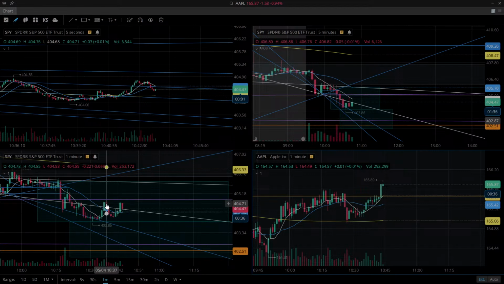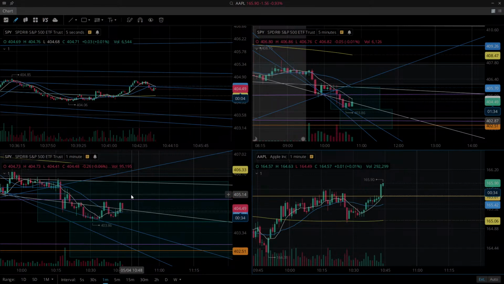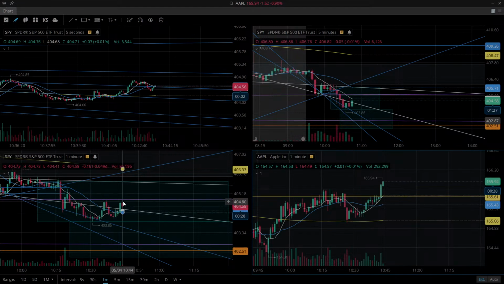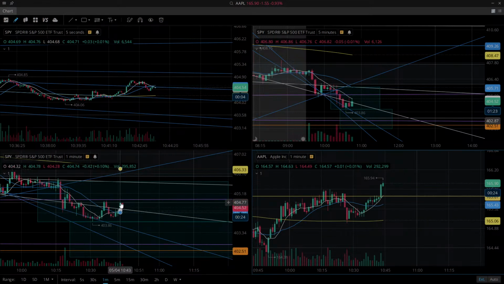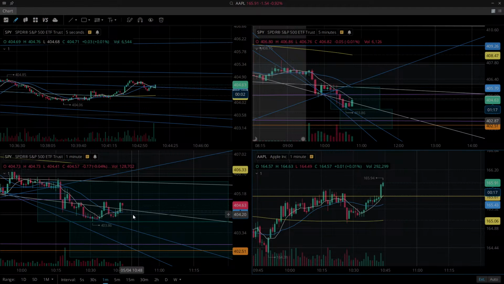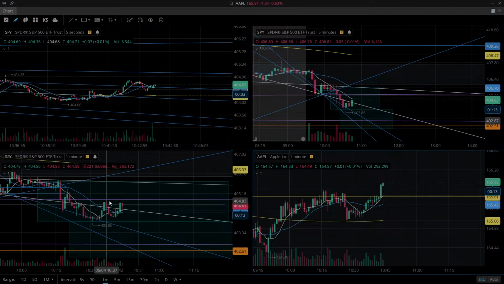If it breaks 404.80, that's your quick breakout trade on the double bottom. And then if it continues, you'll usually get a measured move of the leg from L2 up to that resistance break, looking like almost 6 points.